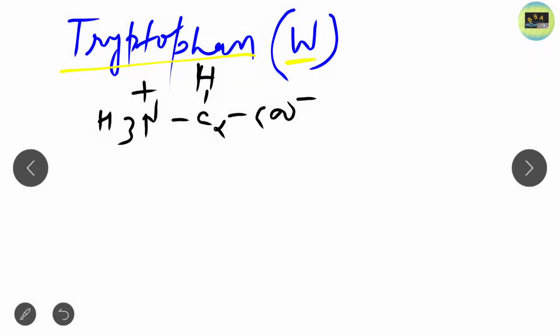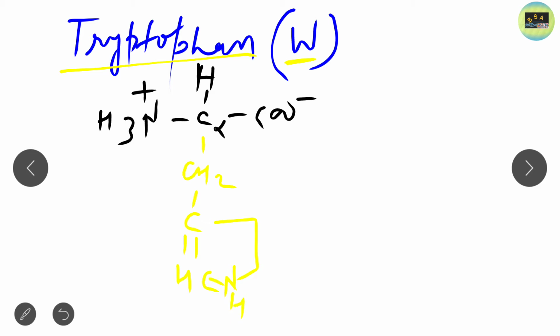Clear? Now we are going to draw the side chain of tryptophan. The side chain of tryptophan is somewhat large. See, this is the side chain: CH2, C double bond C, NH.